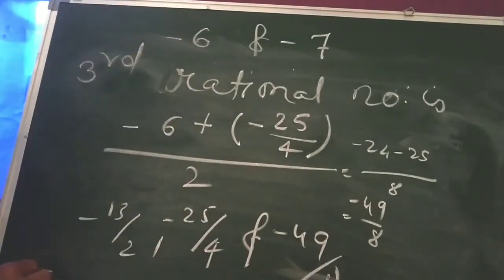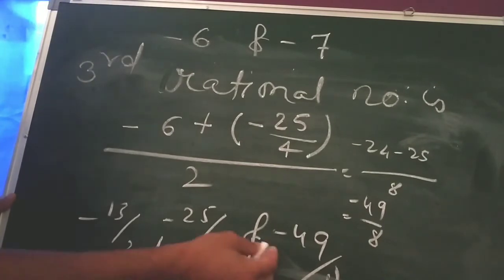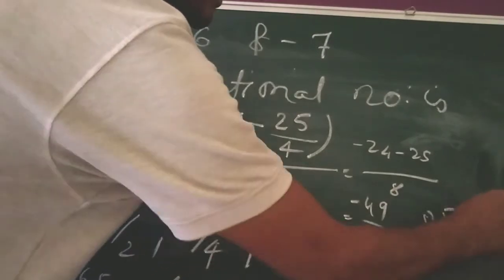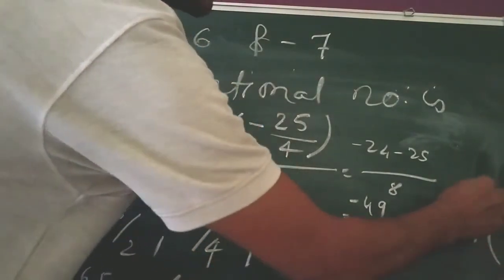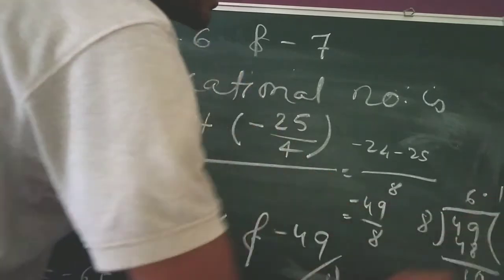If you write them in decimal form, it will be minus 6.5, minus 6.25, and you divide this one: 49 divided by 8, 8 sixes are 48. You will get 1, decimal 0, 8 ones are 8.